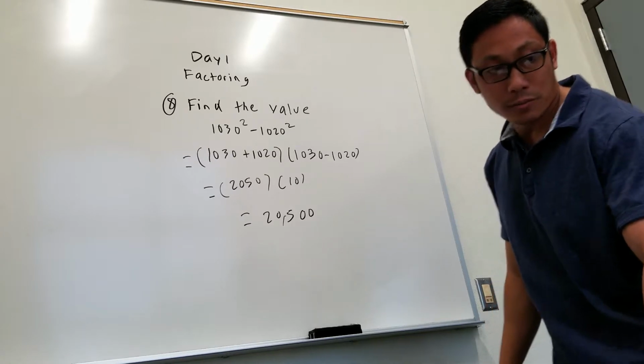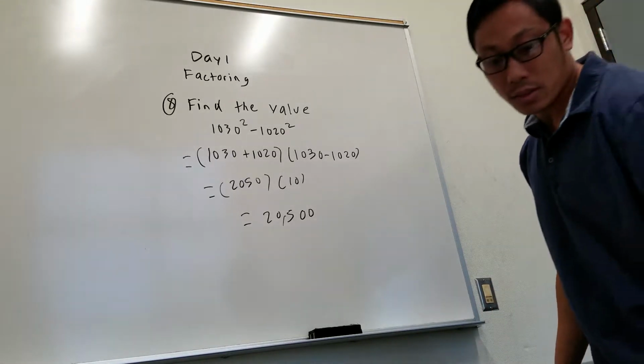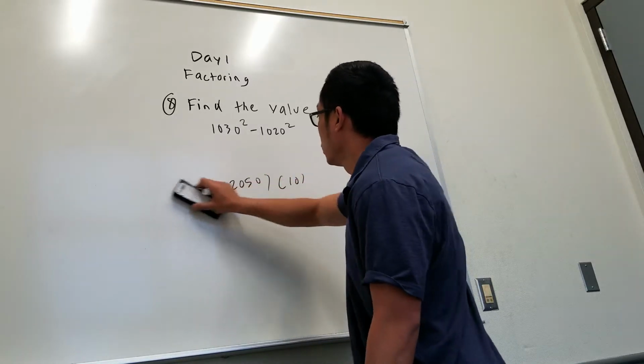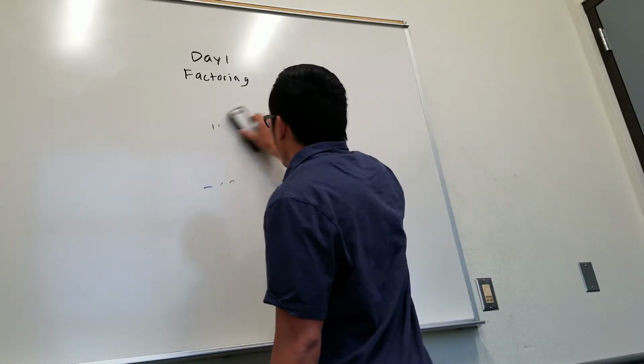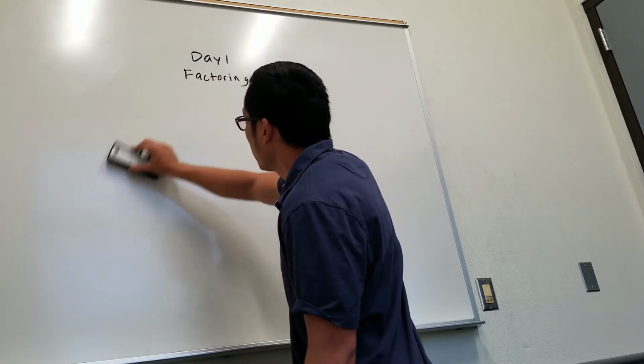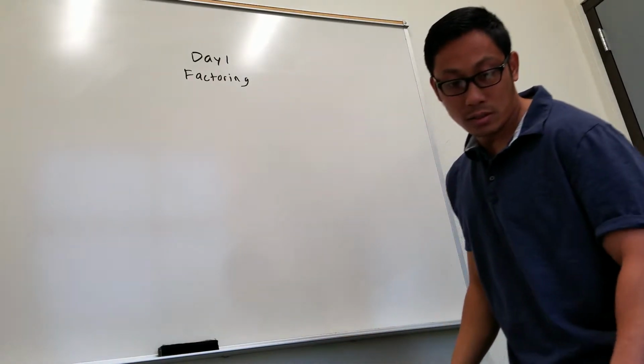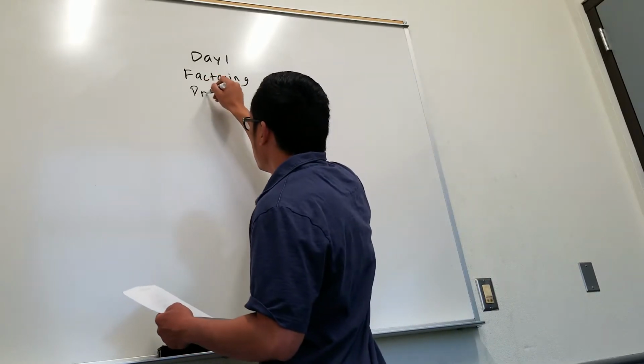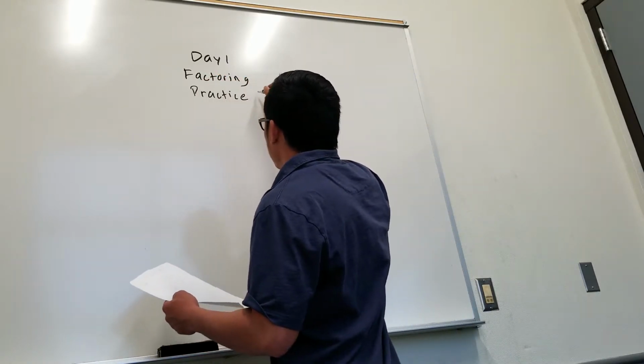So there you go. Let's do some practice problems. Each problem that I'm going to do now is very similar. If you don't know how to do it, go back to the video and see how to do the problem.